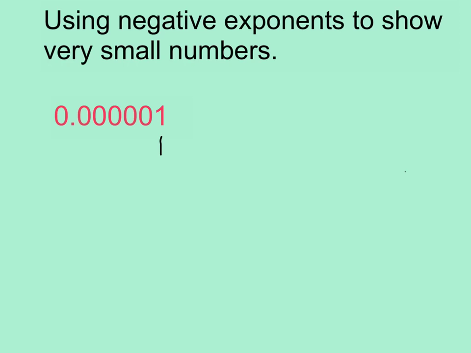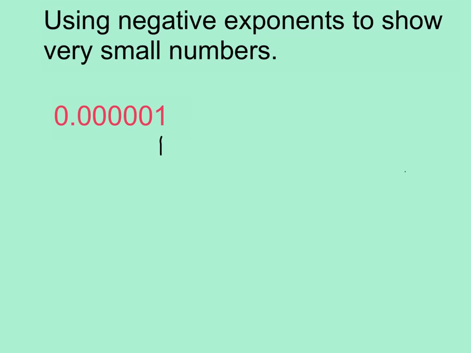Now think back to the chart that I showed you on the very first slide of this, where we said 10 to the negative 1 power is 1/10, because to the negative 1 power means we divide by 10. So 1/10, we put our decimal right there. 10 to the negative 2 power would be 1/100th. To the negative 3 power would be 1,000th.